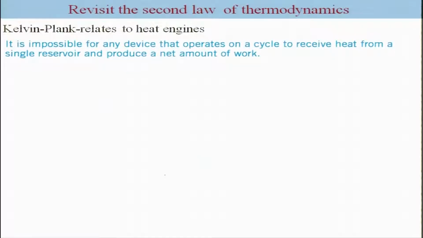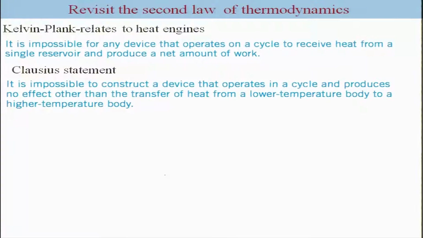Now, as we also mentioned about the statements of the second law of thermodynamics, the Kelvin-Planck statement relates to the heat engine, whereas for refrigeration devices, we make use of the Clausius statement, which is basically that it is impossible to construct a device that operates in a cycle and produces no effect other than transfer of heat from a lower temperature body to a high temperature body.